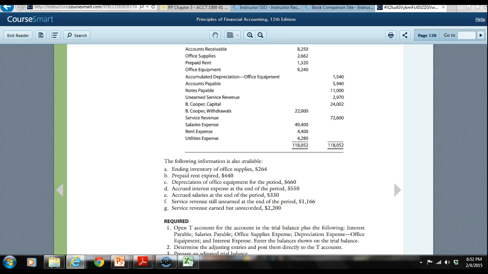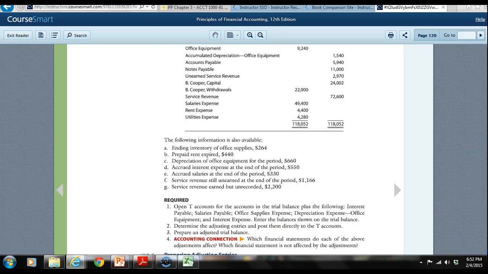Now, let's try C. Depreciation of office equipment for the period was $660. What are they telling us, guys? They're wore out. It was utilized, or with the passage of time, that asset, $660.